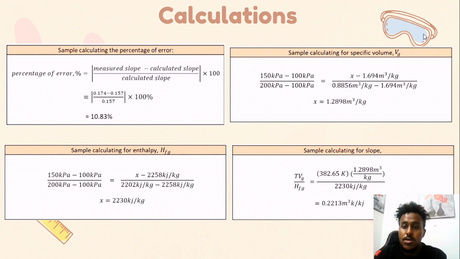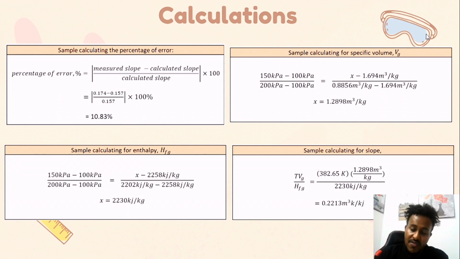And this is a sample calculation for specific volume Vg, and x: 1.694 meter cubed per kg divided by 0.8856 meter cubed per kg minus 1.694 meter cubed per kg, and we got 1.2898 meter cubed per kg.